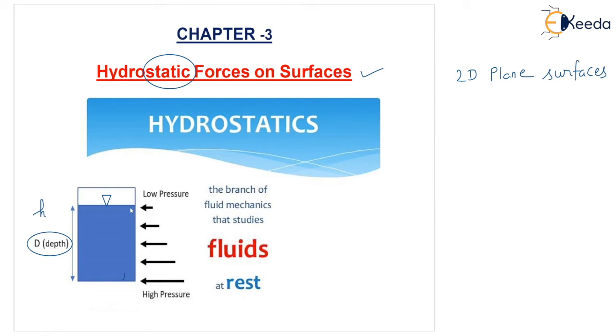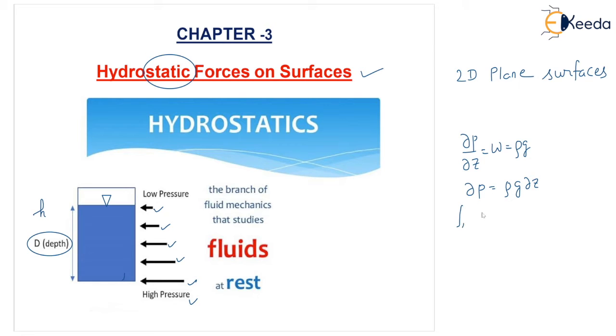On the surface, pressure is very low, or you can say zero pressure. As you go down, the pressure keeps on increasing. You can see the magnitude of pressure here, it keeps on increasing, and at the bottom it is high pressure. This is from the hydrostatic law, correct? We have seen that the rate of change of pressure in a vertically downward direction must be equal to the specific weight of the liquid, that is rho g, so dp equal to rho g dz.